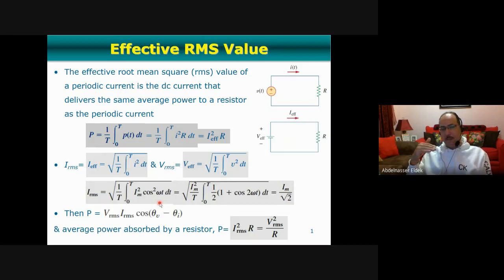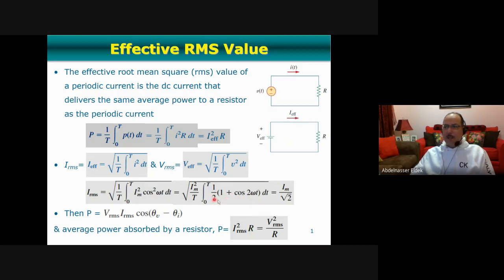It is not easy to integrate cosine squared as it is. You have to convert it to its equivalent, which is 1/2 plus 1/2 cosine 2 omega t.